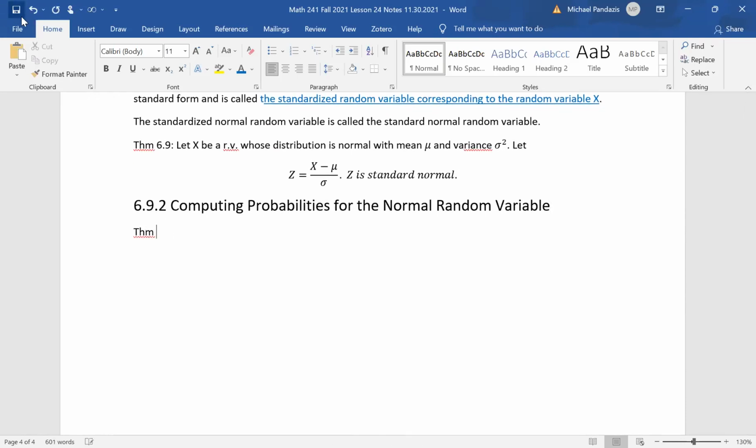So theorem 6.9 allows us to use our table, which is table 3 in appendix C, or the table on Blackboard, to compute probabilities for normal random variables.